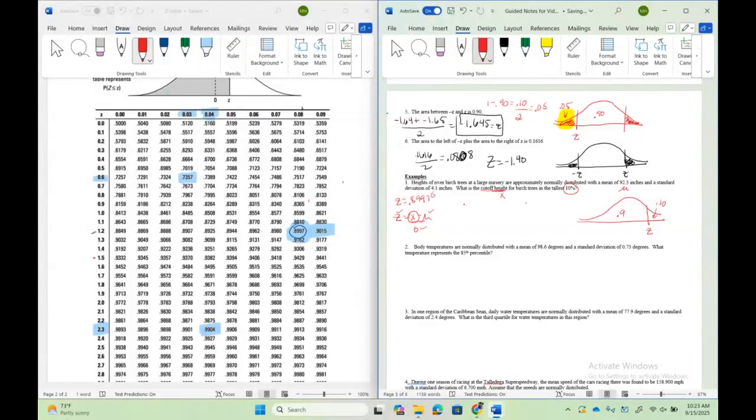So I'm going to use this formula to solve for x. I plug in z and set it equal to x minus the mean, which is 92.3, divided by the standard deviation. I have to solve for x, so I multiply both sides by 4.1.